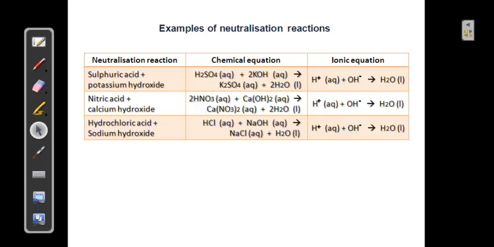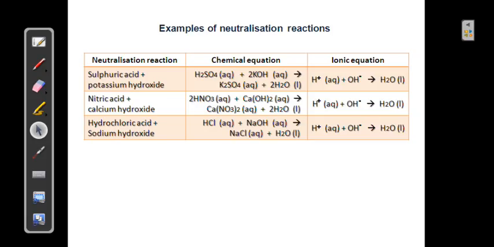So again, the ionic equation is hydrogen ions plus the hydroxide ion will always react to produce water, a liquid form. So these are some of the examples of neutralization reaction that we will encounter every day, right?